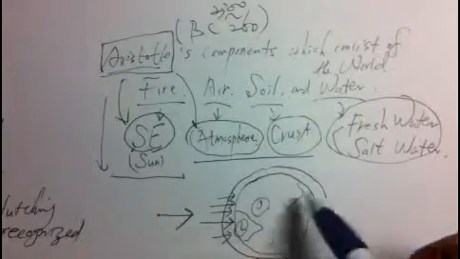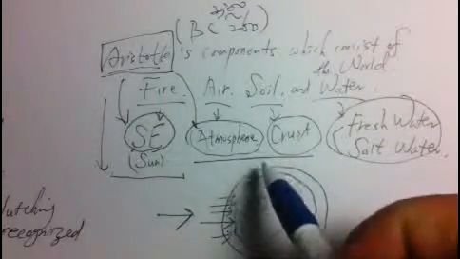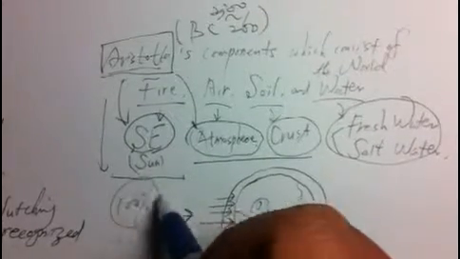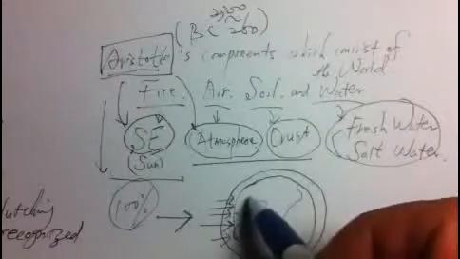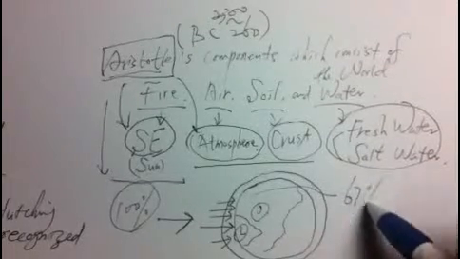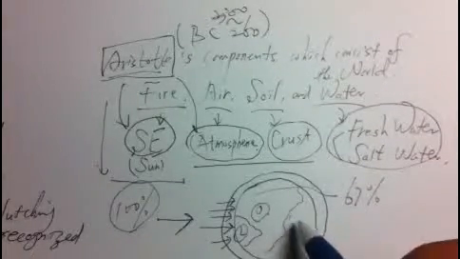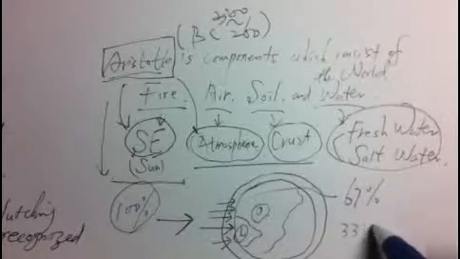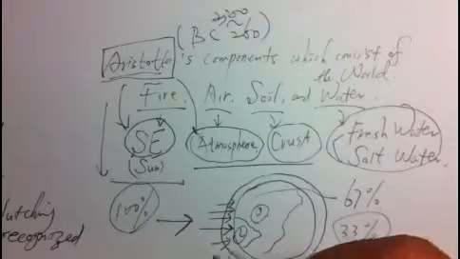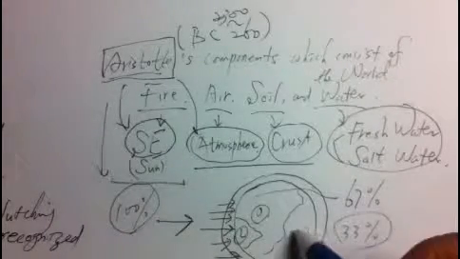According to scientists, of 100% of the sunlight, 67% penetrates and 33% remains in the atmosphere.